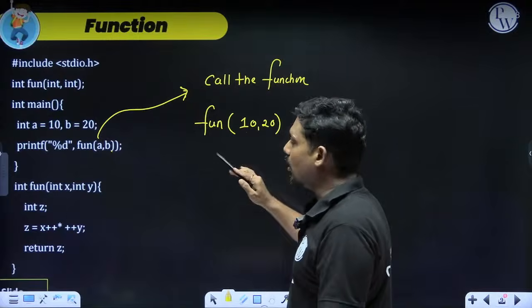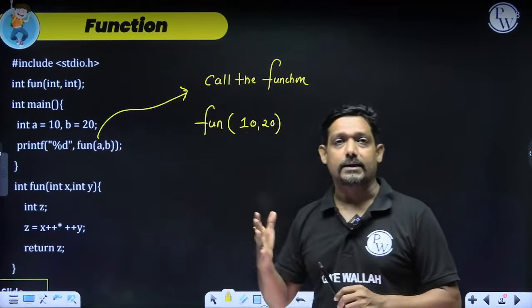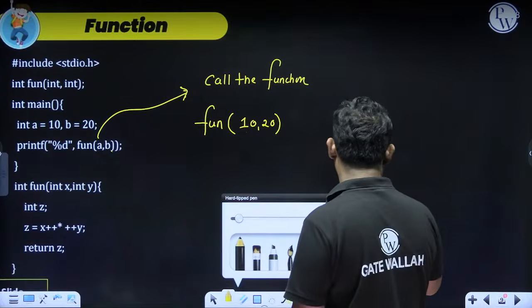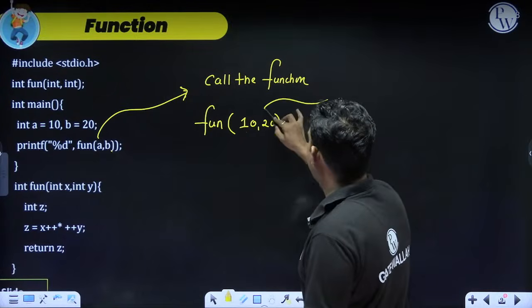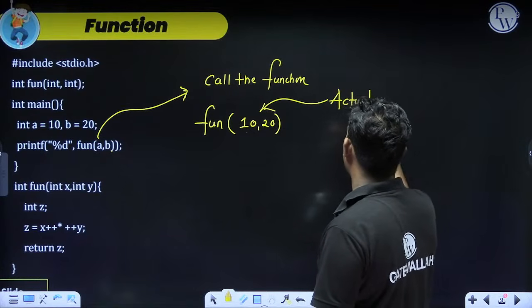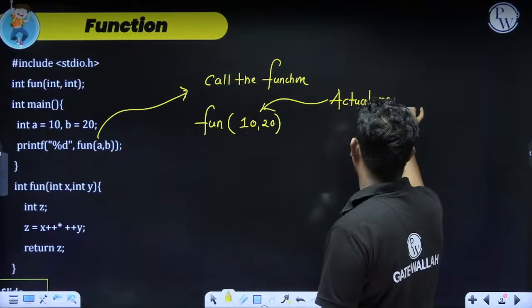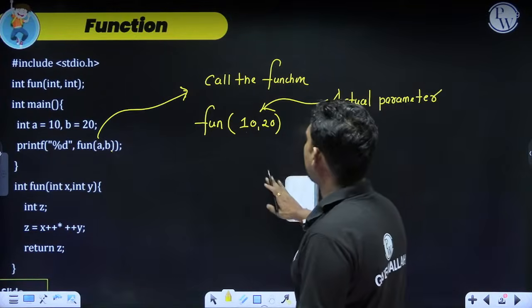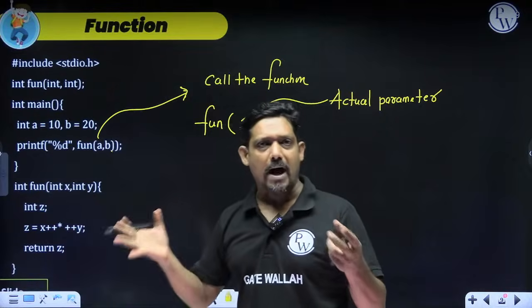These two are parameters that we are passing. This is called the actual parameter. Any other name you know? Let me know in the comment. It is called actual, so we pass the parameter.